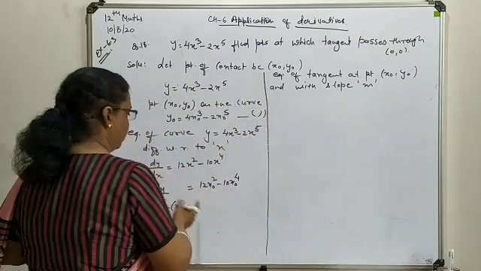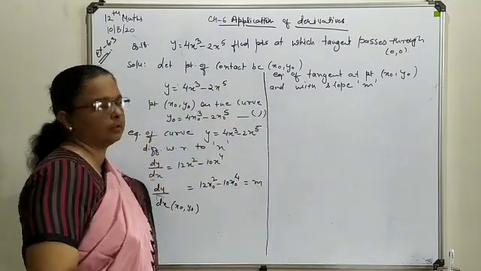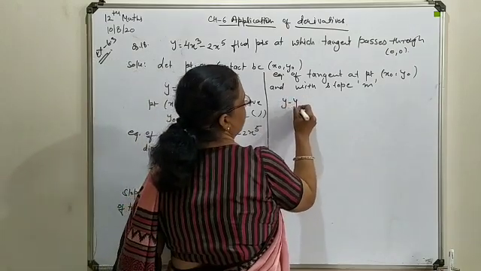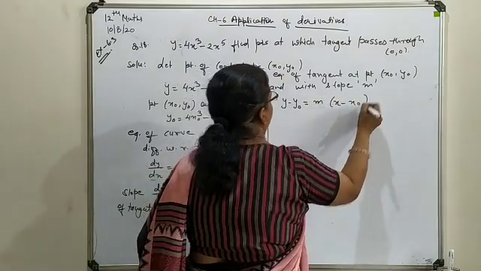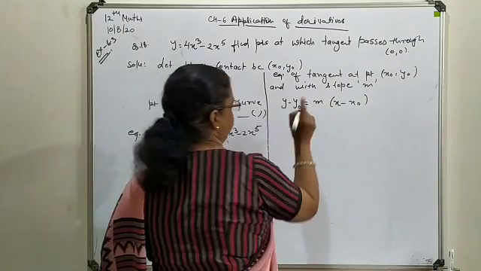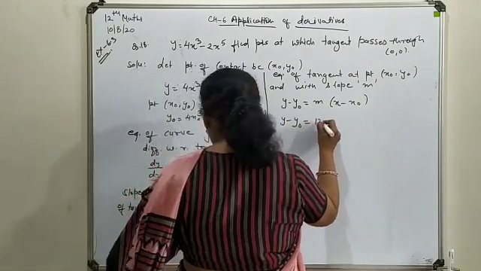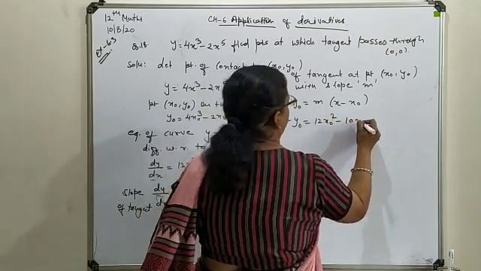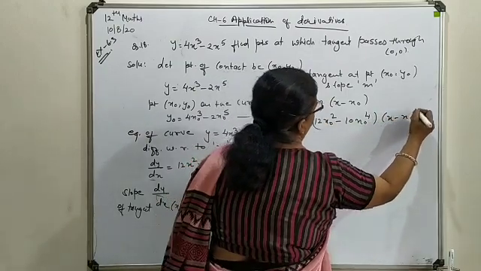This you can define as m also, just to represent by a single symbol. So that will give you y minus y0 equals m times (x minus x0). Now this m you write in terms of x0 over here. So y minus y0 is equal to (12 x0 square minus 10 x0 power 4) times (x minus x0).